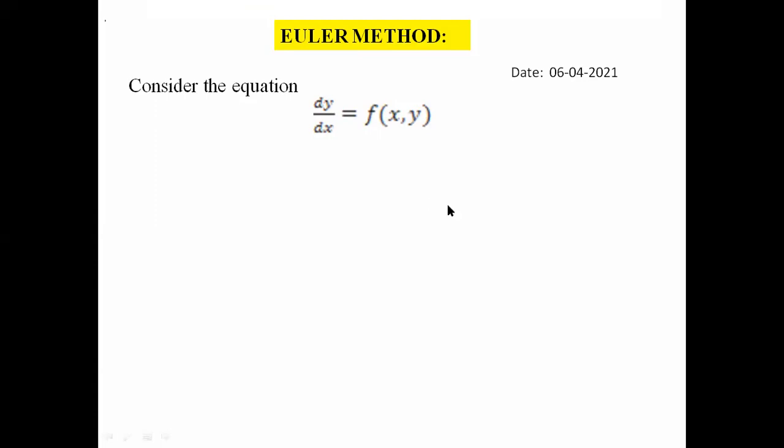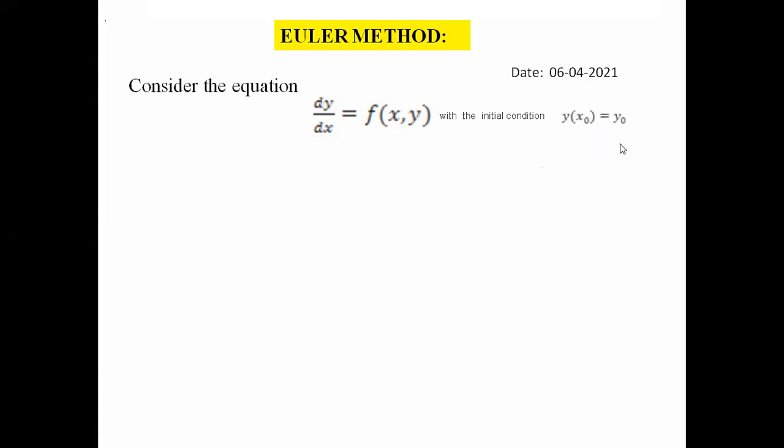Consider a first order differential equation dy by dx is equal to f of x comma y. That means how the dependent variable y changes with respect to x. It is given as a relation in terms of x and y. Any expression of this type is called a first order, first degree differential equation. If the initial condition is given, that is, initially the value of y may be given at a particular value of x, then it is called an initial solution.